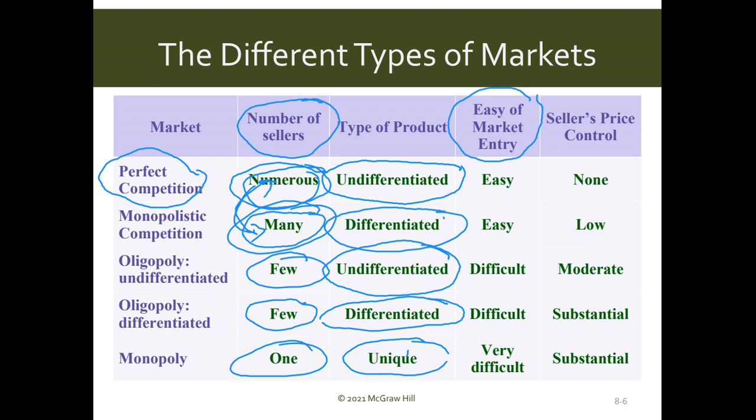So the entry of new firms is easier. Similarly, the exit is also easier in this industry. For example, if I'm growing tomatoes and after 6 months I realize, oh no, I'm going to grow corn now, you can do it.